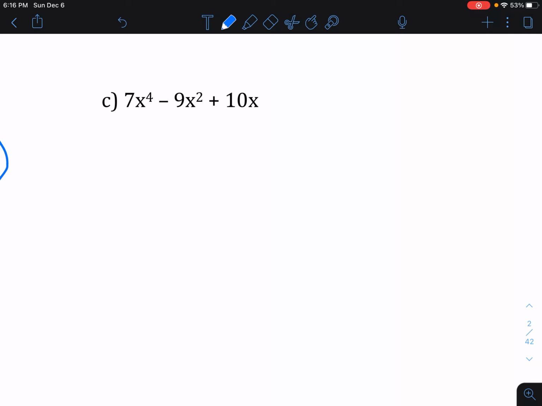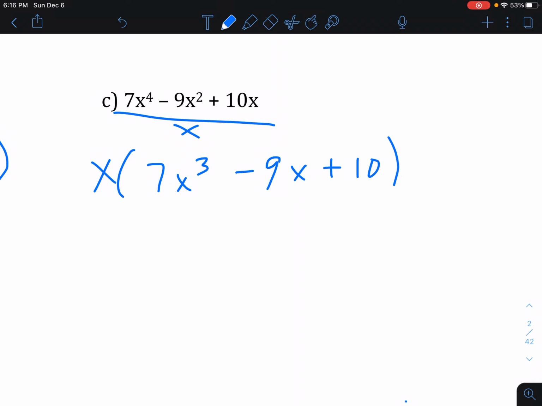The GCF here is just x. We have x to the fourth, x to the second, and x, smallest exponent. And then just divide everything by x, so that'll give you 7x to the third minus 9x, and then plus 10. Notice the 10 does not have the x with it because this x canceled with this x.